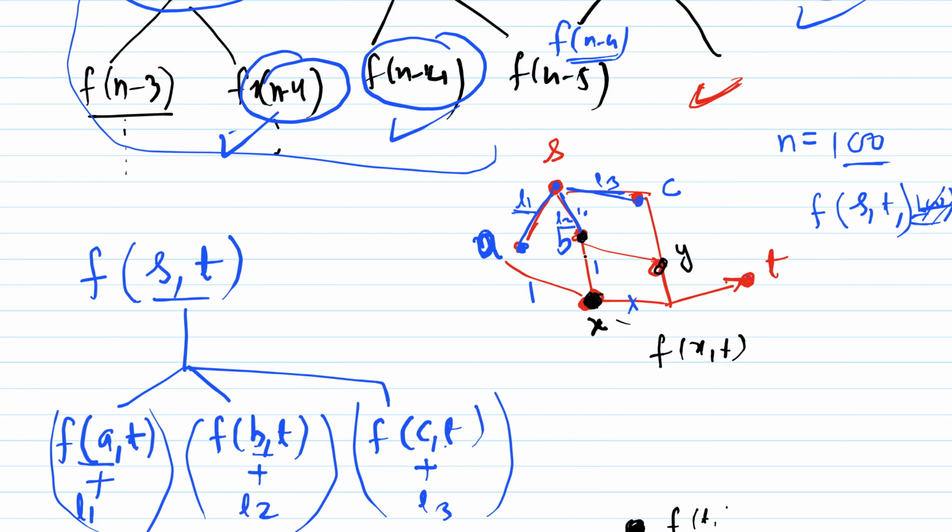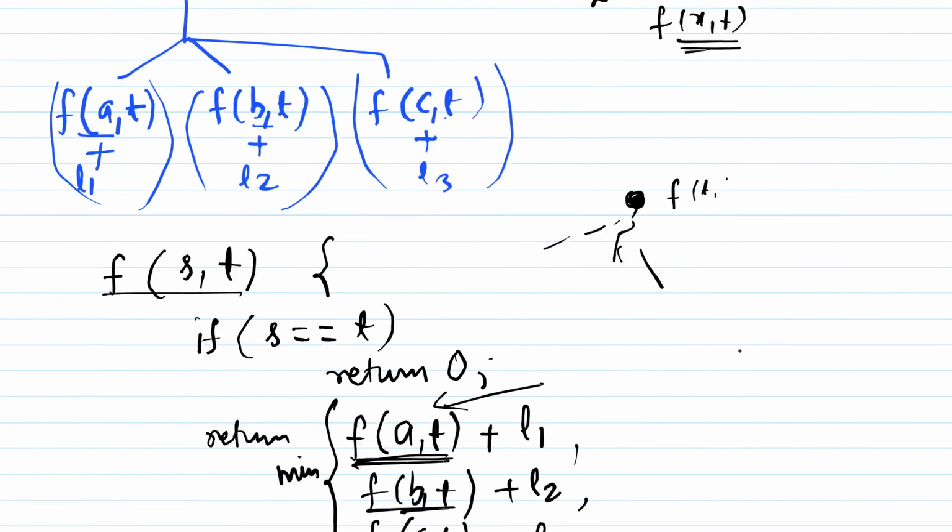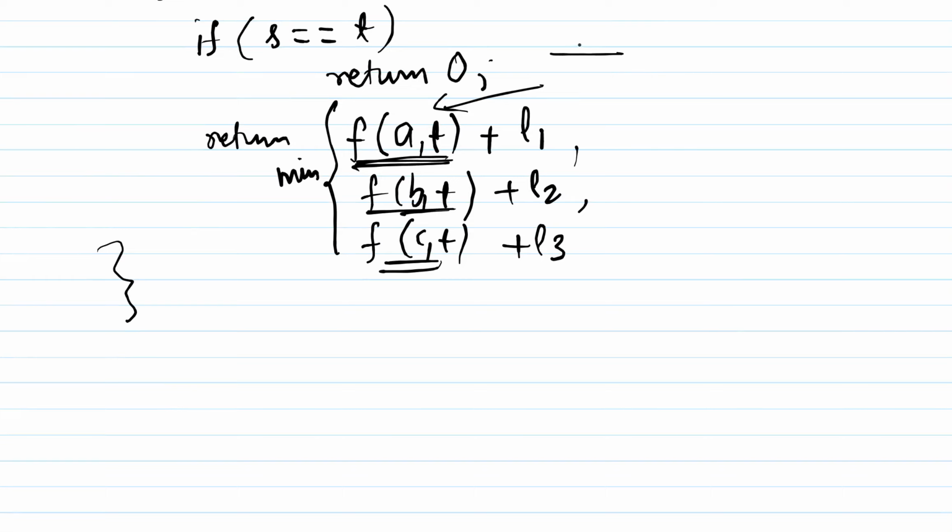So no need to solve it again when you come from B to X. From X to T you will have already some value. So again add caching here or memoization.